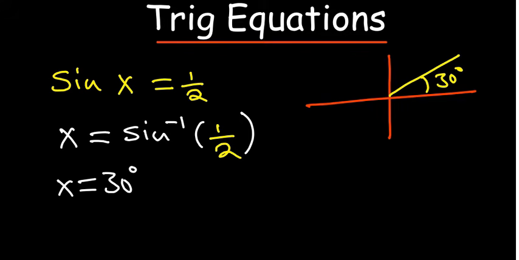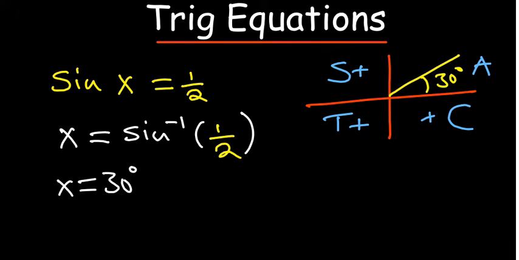In this case, 1 over 2 is positive, so we ask ourselves where we expect sine to be positive. It's only in the first and the second quadrants, because all students take calculus. In the first quadrant, they're all positive.